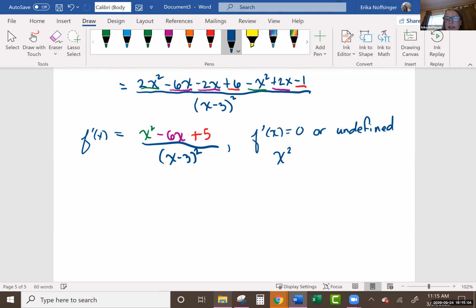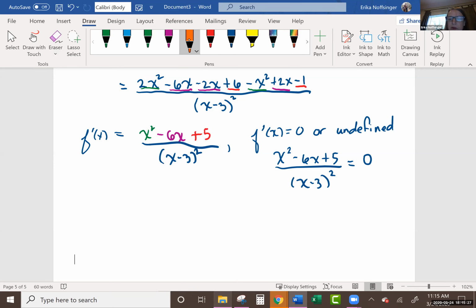So if we set this whole thing equal to 0, notice that anytime you have a rational function and you set it equal to 0, the only values which are going to set this whole thing equal to 0 is the numerator. Because if we multiply both sides by our denominator, and we multiply the denominator on the right, which is 0, that's always going to cancel out and gives us back 0.